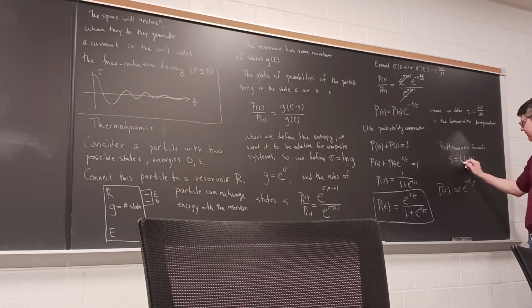That's k_B. So we're just setting k_B equal to 1. Oh, I see. Okay. Yeah, that goes back to setting that constant to 1.